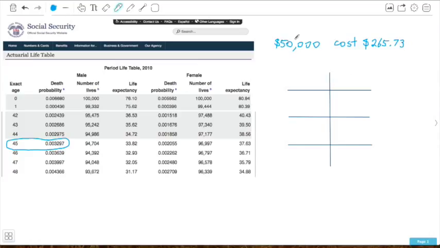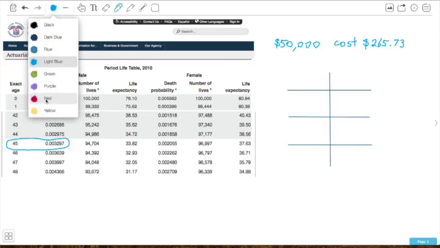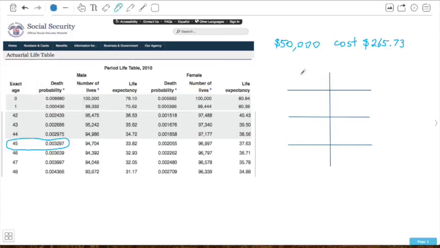All right, so if he wants this policy for this much money, the insurance company knows exactly how much profit they're going to make on this type of policy with this cost. So what you do is you separate your table into, let's go with the darker blue, two events that possibly could happen. The person could die, or the person could live within the next year.